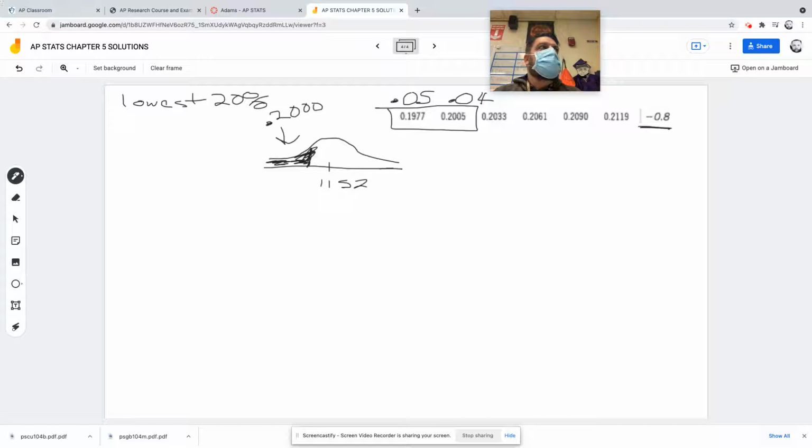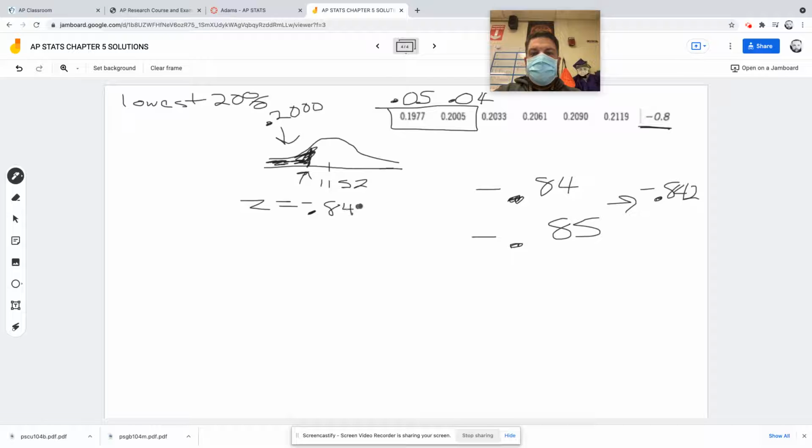Now, what that means is that I'm going to have a value, and the calculator will do this specifically, but it's going to be between negative 0.84 and negative 0.85. And if you were to do it on the calculator, it's going to be a z-score of 0.842. So the fence right here is a z-score of negative 0.842. But we're going to do the exact same thing, right?